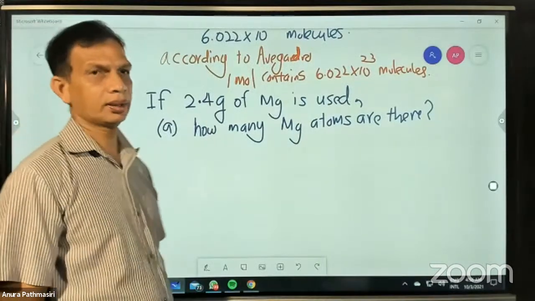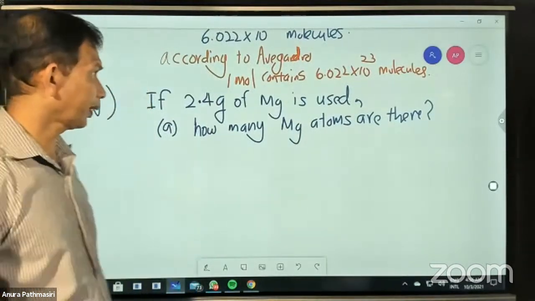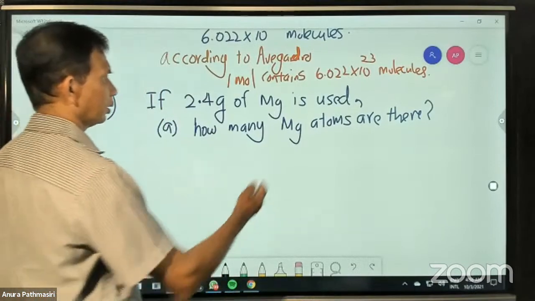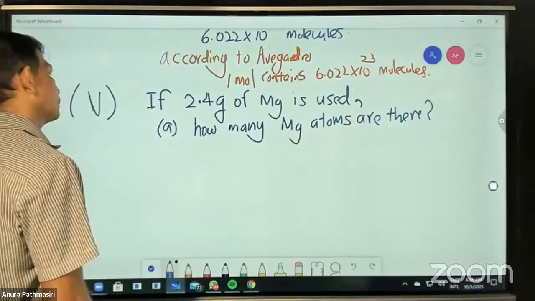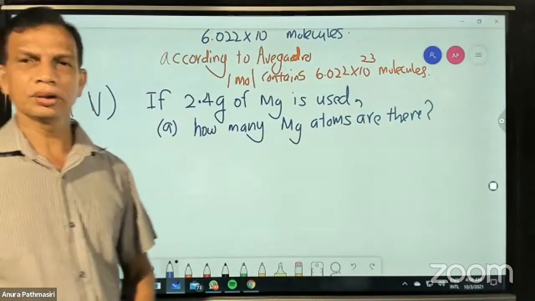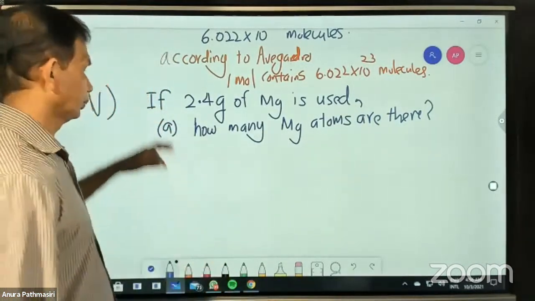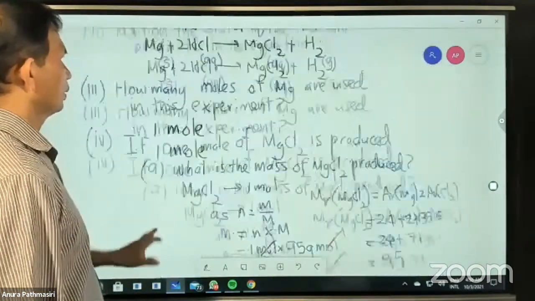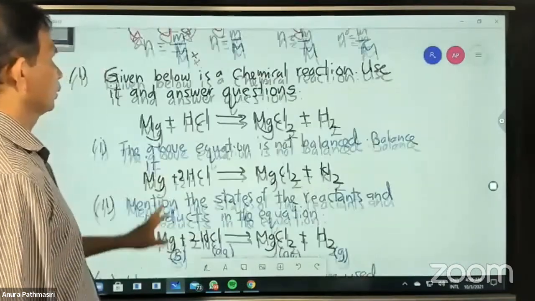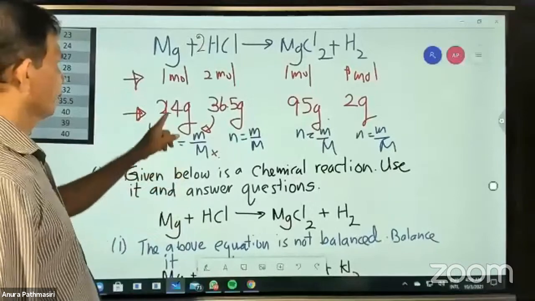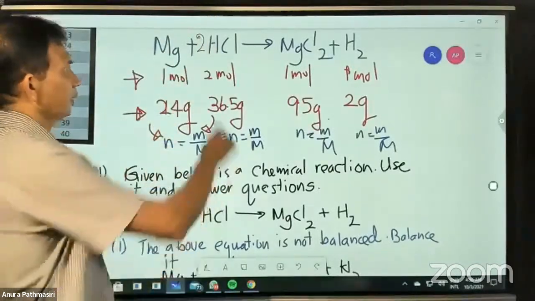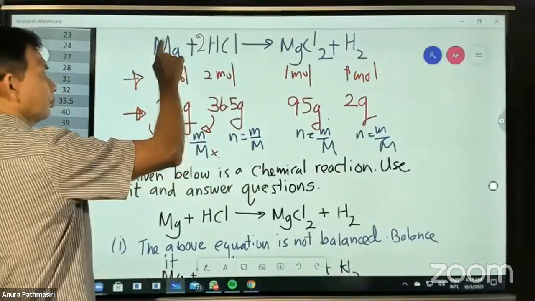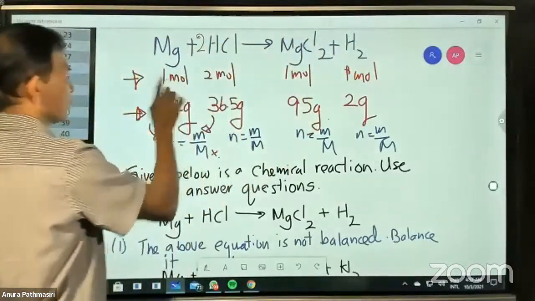So in that chemical reaction, 2.4 gram of magnesium is used. So find out the amount of magnesium atoms. How are you going to find out? Now we know, as we could see in this equation I showed you, the contributing amount of magnesium in this chemical reaction is 1 mole.